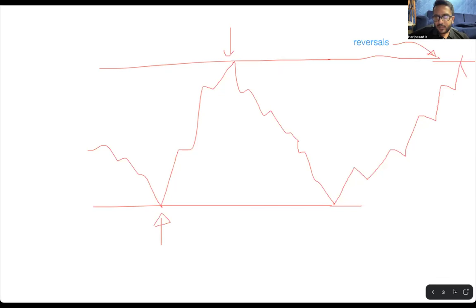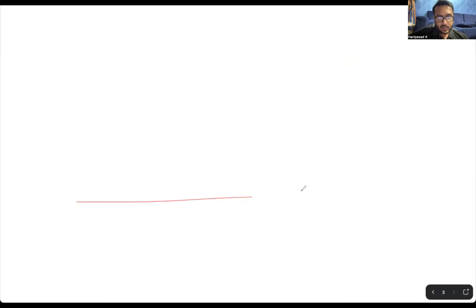reversal. In the case of a reversal, what we check is if this is a resistance point for the price.